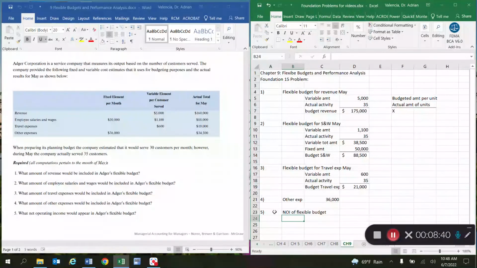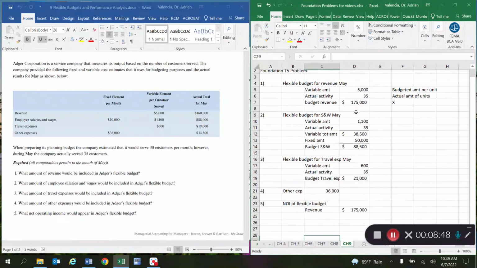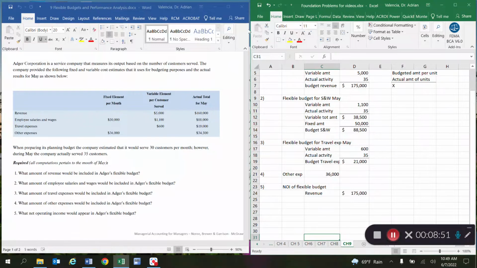So we have revenue, which we said was 175. Then we have employee salaries and wages. So we'll put that here. And that one was 88,500. Then we have travel expenses.